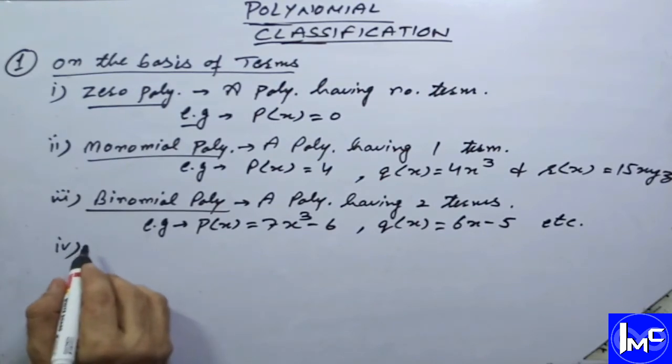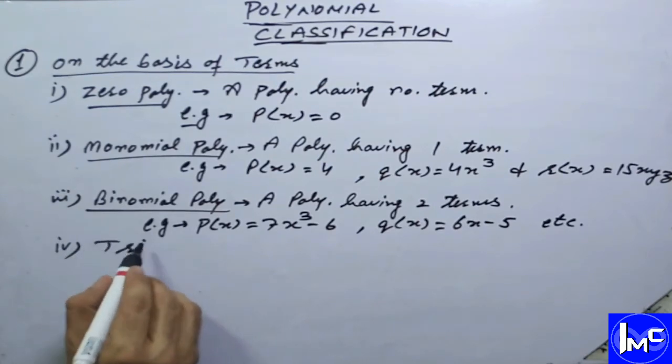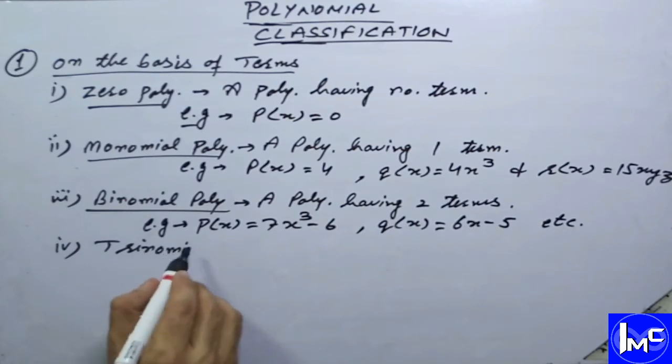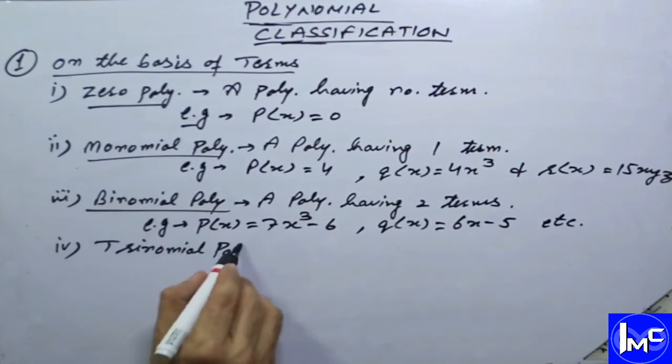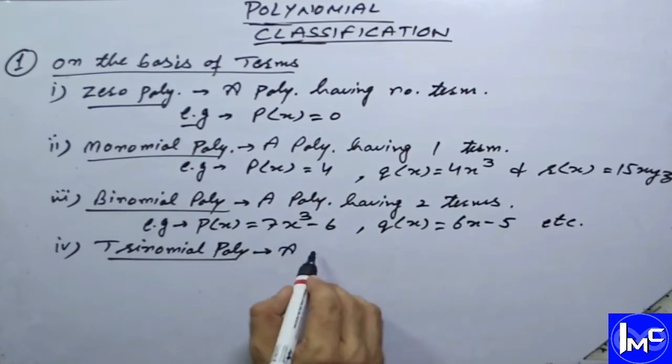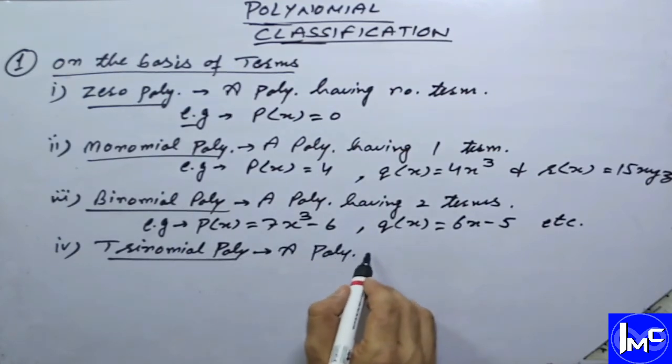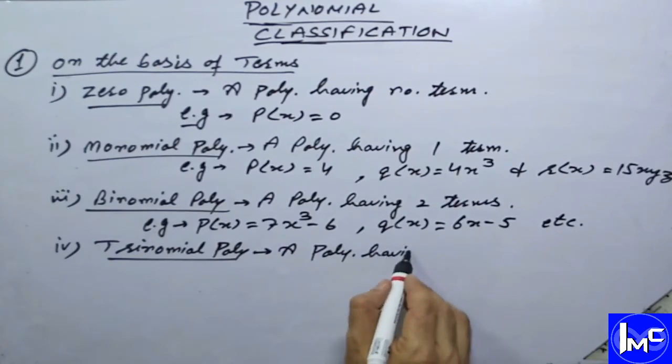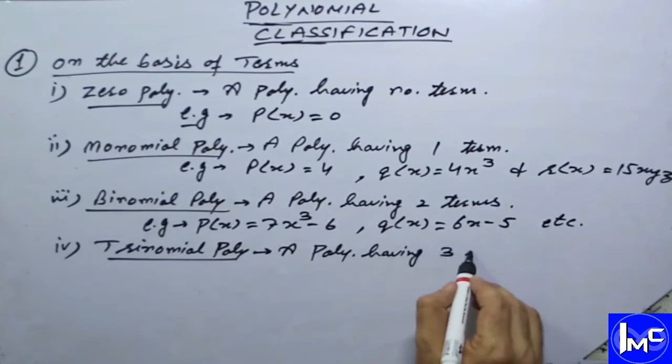Fourth one is trinomial polynomial. A polynomial having three terms.